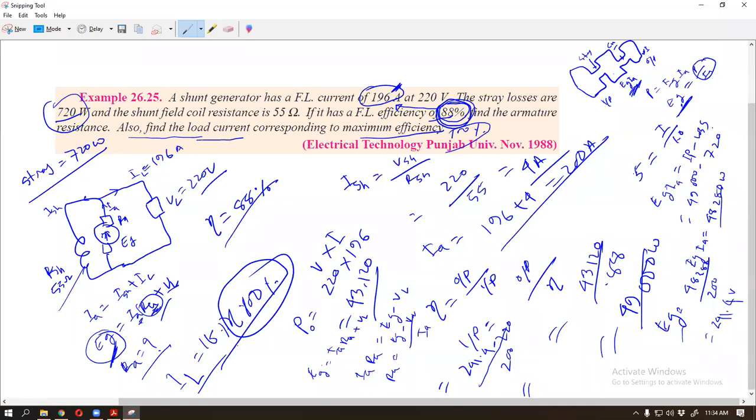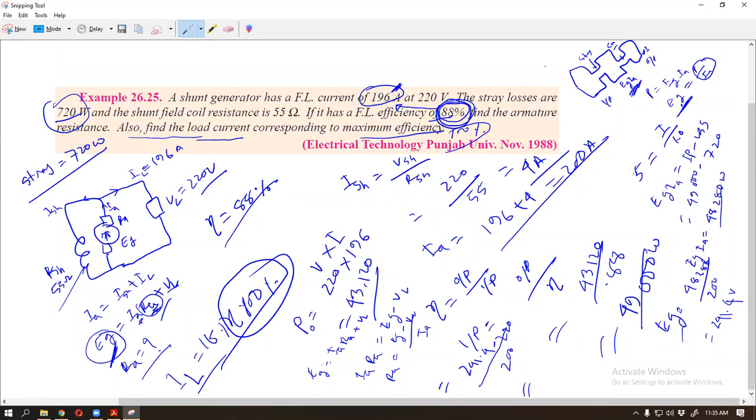The result should be, sir, 241.4 minus 220 divided by 200, and it should be 0.107. Yes, 0.107.